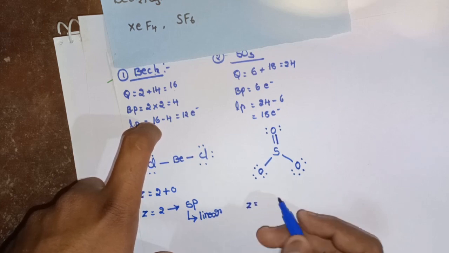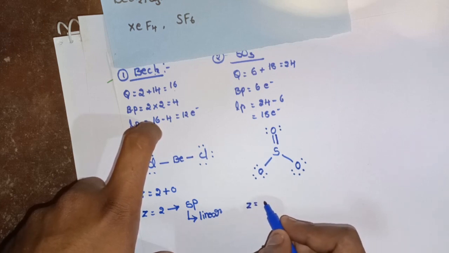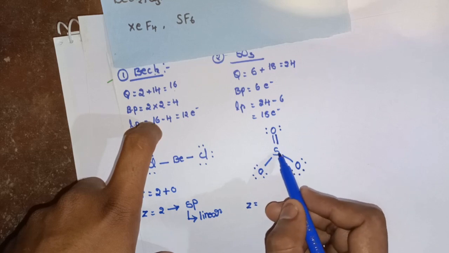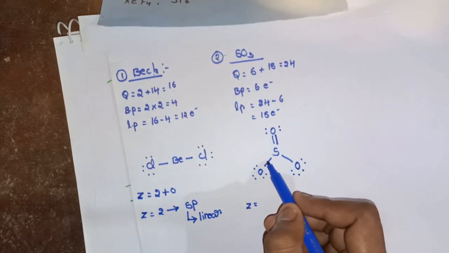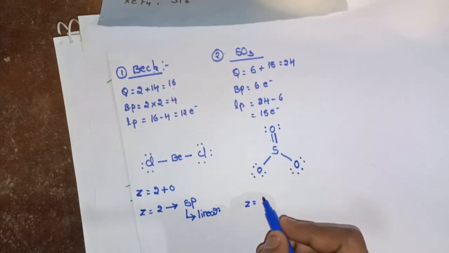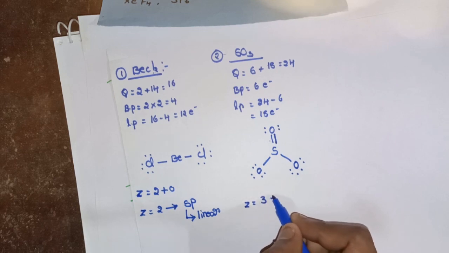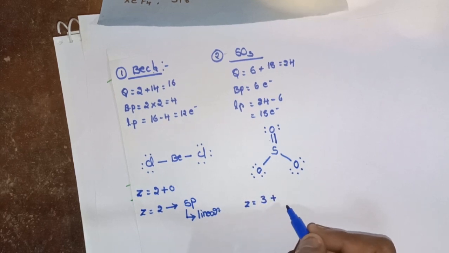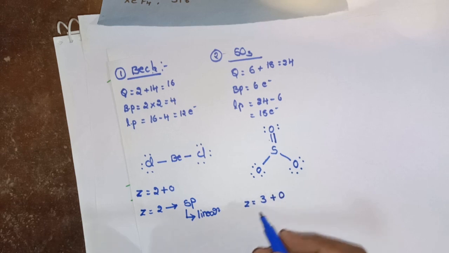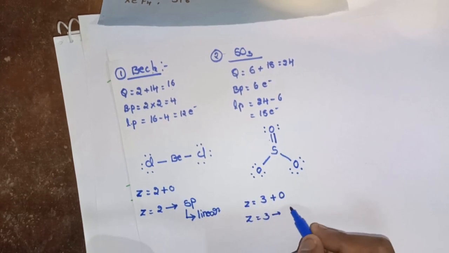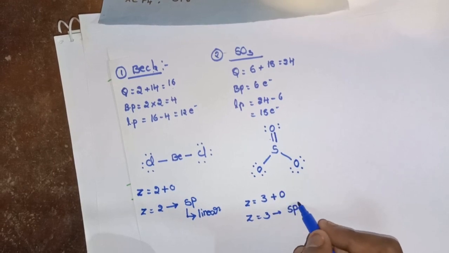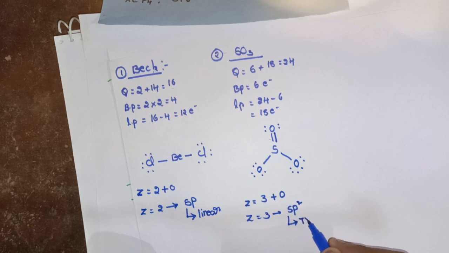That is, Z is equal to the number of sigma bonds around the sulfur, 1, 2, 3. 3 sigma bonds plus the number of lone pairs on the central atom, 0. So the hybridization will be sp2. Its geometry is trigonal planar.